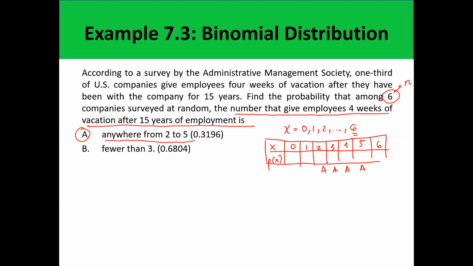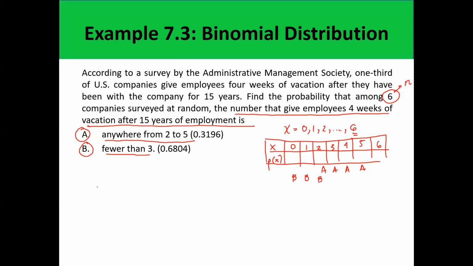After finding these 4 probabilities, we add them to get the answer for item A. Now, for letter B, if it says fewer than 3, that means we are computing the probability that x equals 0, x equals 1, and x equals 2.